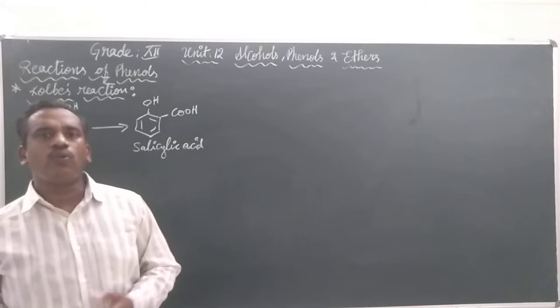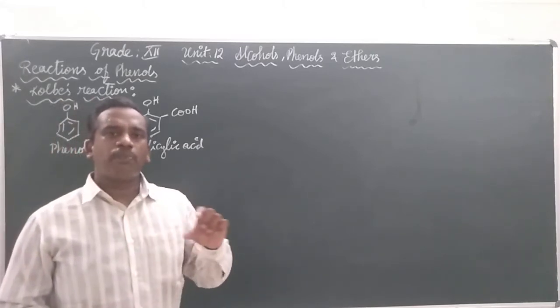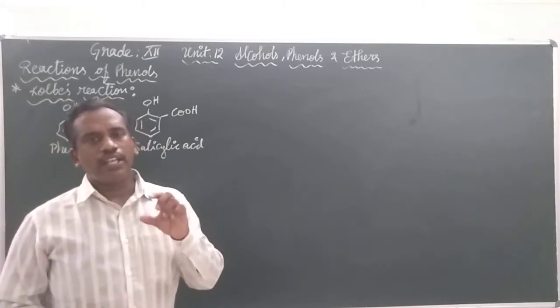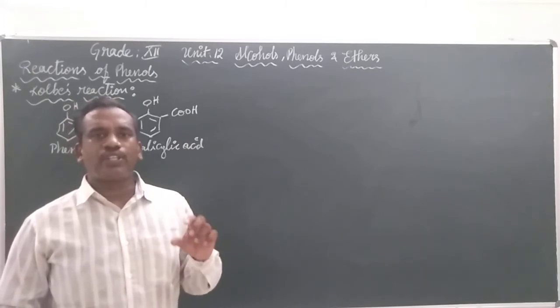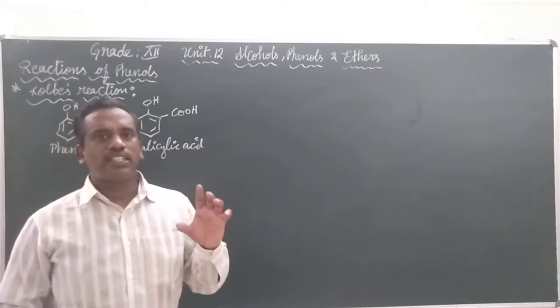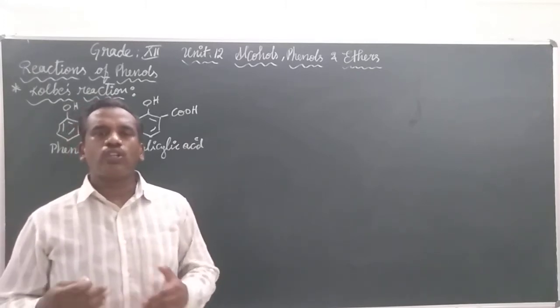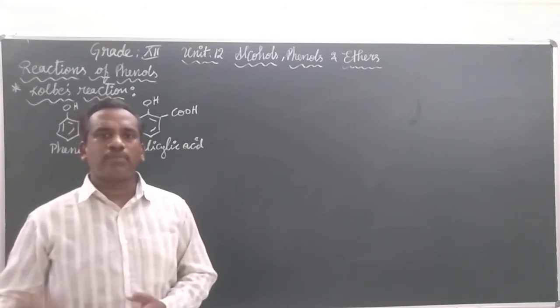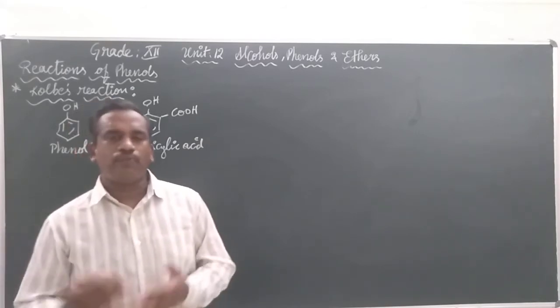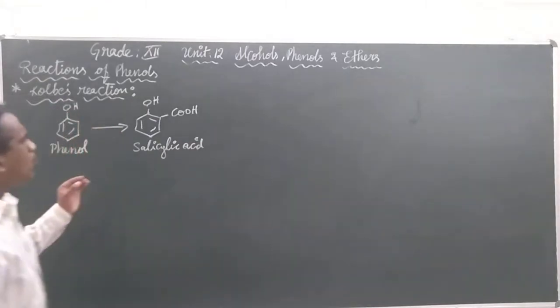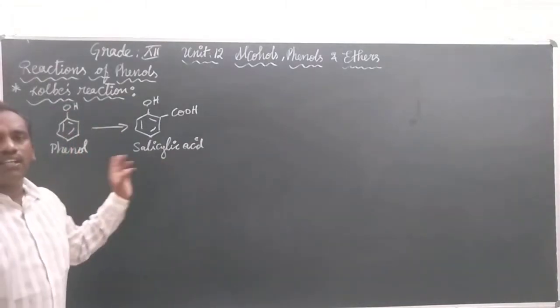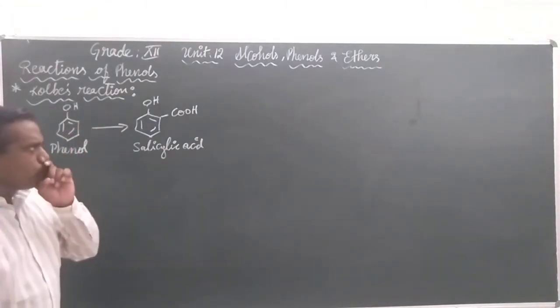So in this video we are going to discuss the basic PU or CBSE board examination step-by-step process as a direct step. Later we will also discuss the mechanism that is useful for the objective. Let us see how to prepare salicylic acid from the phenol.